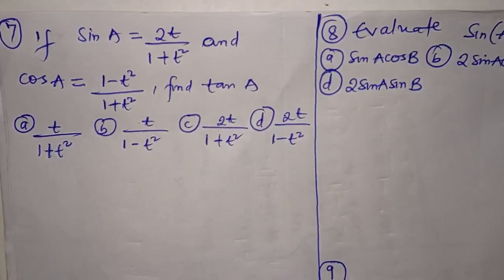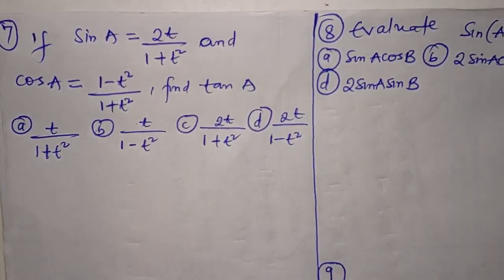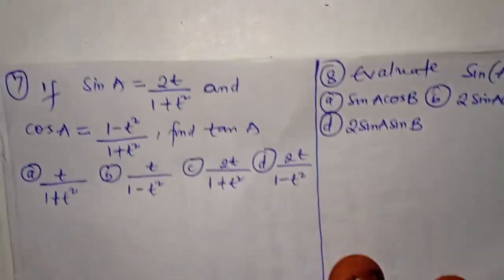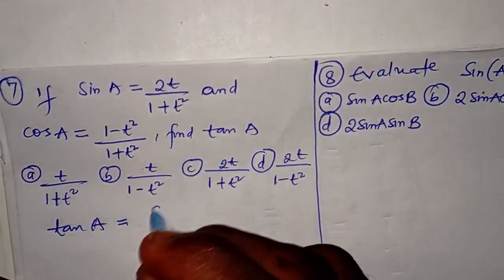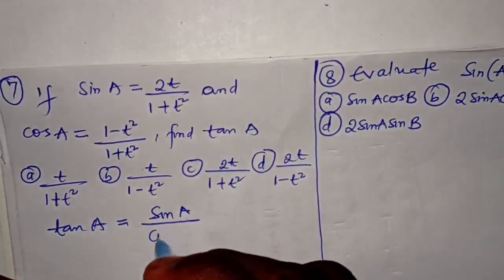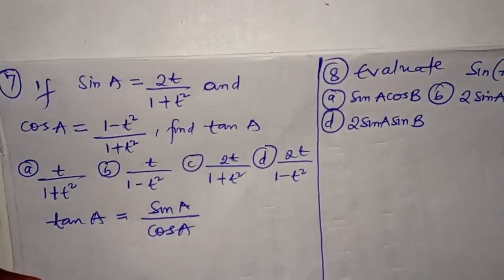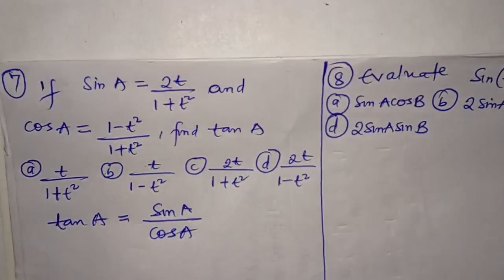If sine A is equal to 2t over 1 plus t squared and cos A is 1 minus t squared divided by 1 plus t squared, we have to find tan A. I told you just now that tan A is equal to sine A all over cos A. So tan is sine over cos.